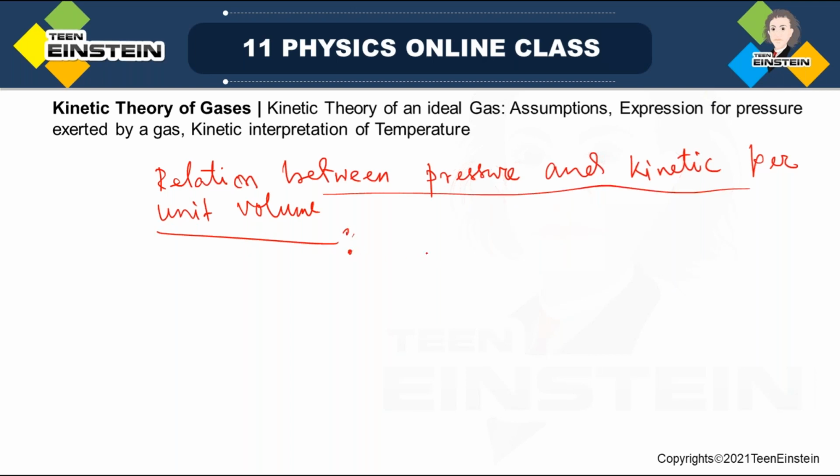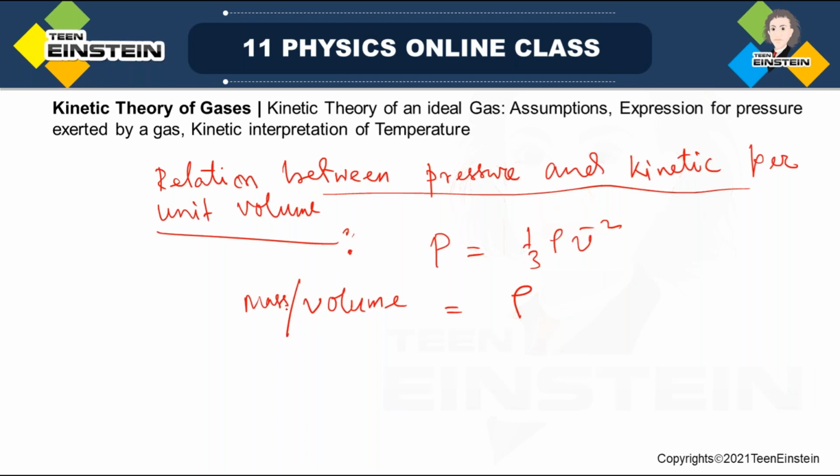Okay, so what we know? We know this already: P is one third rho v average square. Now, mass per unit volume, what is it? Mass per unit volume would be rho.